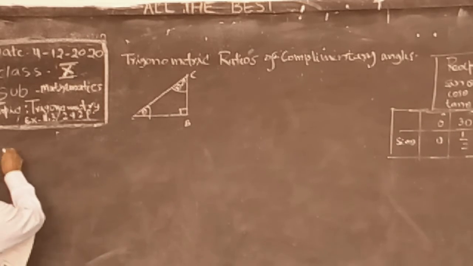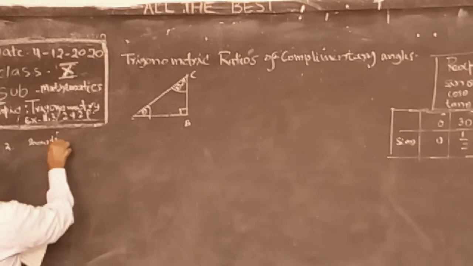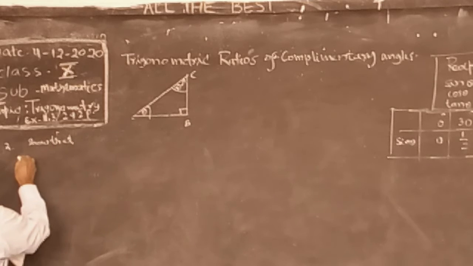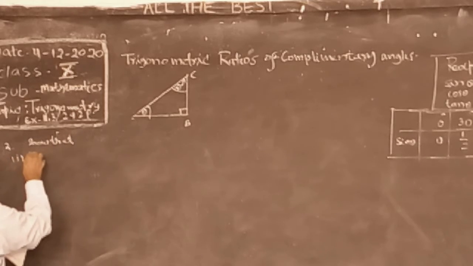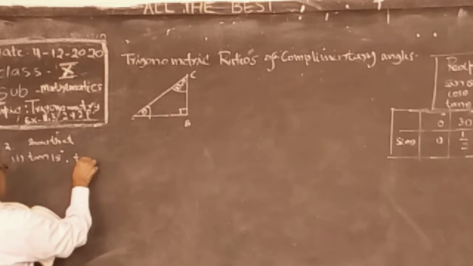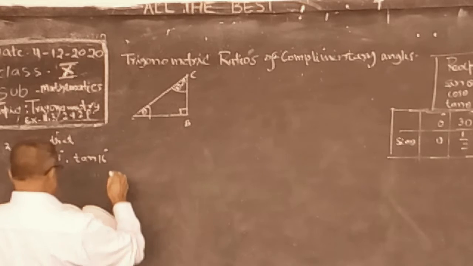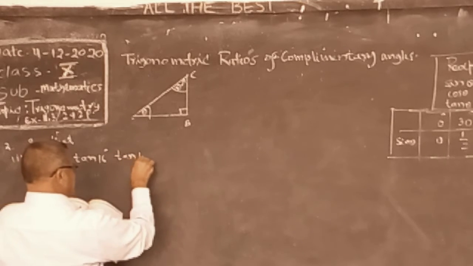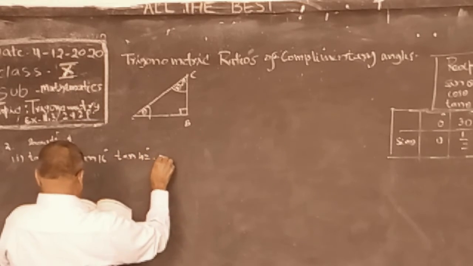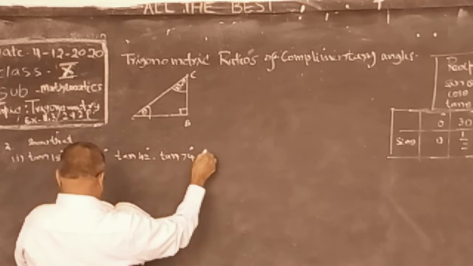Second question. So that tan 80 degrees, tan 16 degrees, tan 42 degrees, tan 74 degrees is equal to 1.